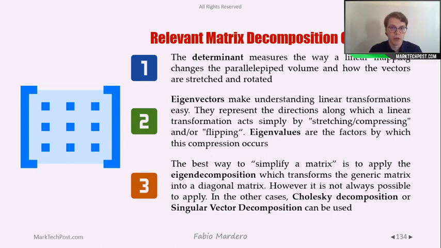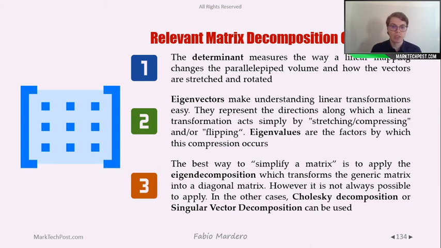We are at the end of the journey of course number 3, and let's recap the relevant matrix decomposition concepts that we have seen so far. We have talked about the determinant, which is a function that measures the way a linear map changes the parallelepiped volume and how the vectors are stretched and rotated.